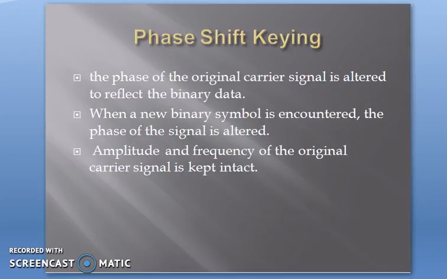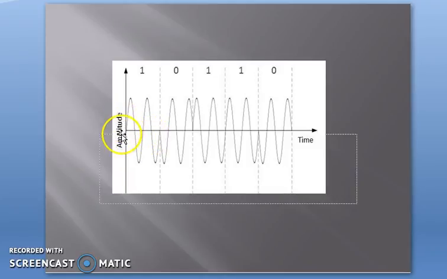And next is phase shift keying. In phase shift keying, the phase of the original carrier signal is changed to reflect the binary data, and when a new binary symbol is encountered, the phase of the signal is altered. Here, if 1 is represented like this, and then 0 comes, which is new binary data not similar to the already available one, that is, a change occurs in the binary data, then we need to change the phase.